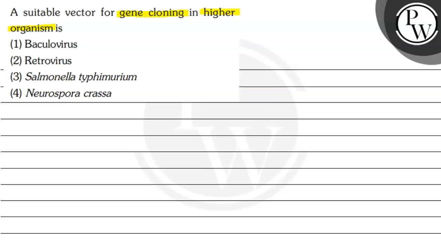So the key concept in this question is to firstly understand the cloning vectors which are used for gene cloning or gene transfer in higher organisms like plants and higher animals.